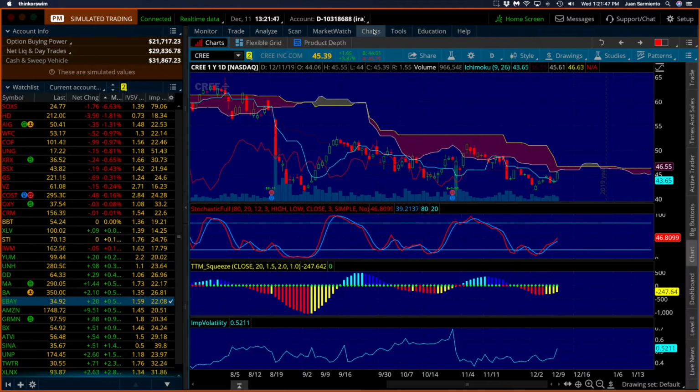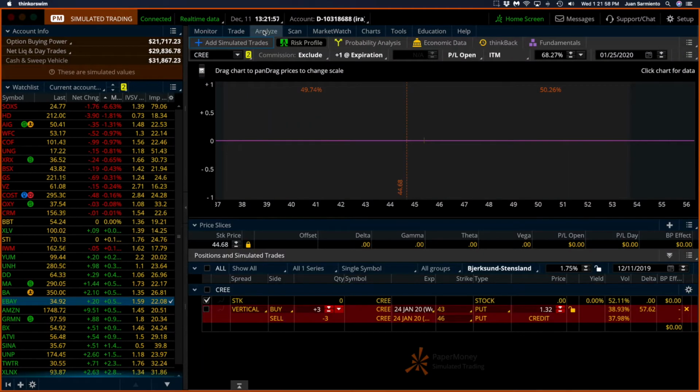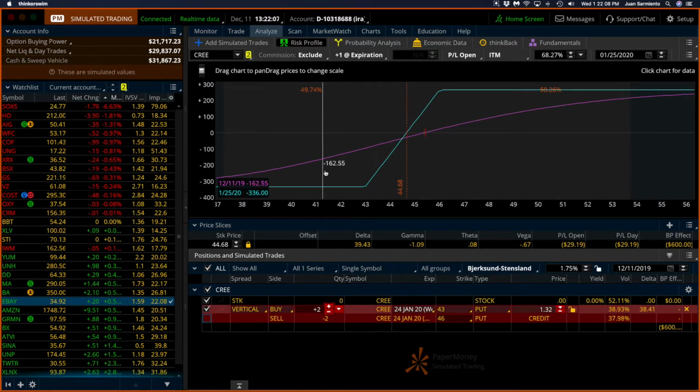Let's take a look at the chart. Yes, I'm still bullish. Yes, it makes sense to enter it. And it fits my certain conditions. And I'm going to enter, let's see, if I do 3 of them, it will be $500. So I can do only 2. $336 to make $246.